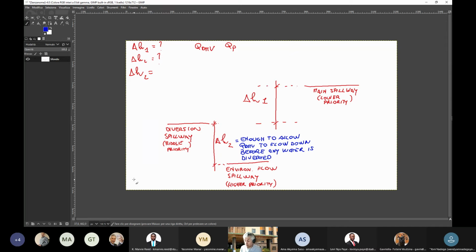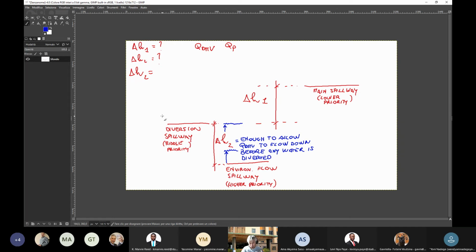And what happens when you have a flow through a spillway? You have a flow through a spillway, and for increasing flow, you have increasing water level. So here you have water, and depending on the water level that you have on the spillway, you have a flow. And if you increase the water level in the spillway, you increase the flow, of course. And so you have to make sure that when the water level in the spillway goes up and reaches the level of the diversion spillway, what happens?